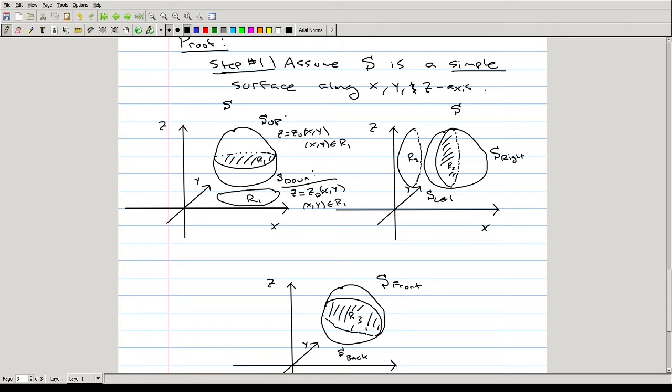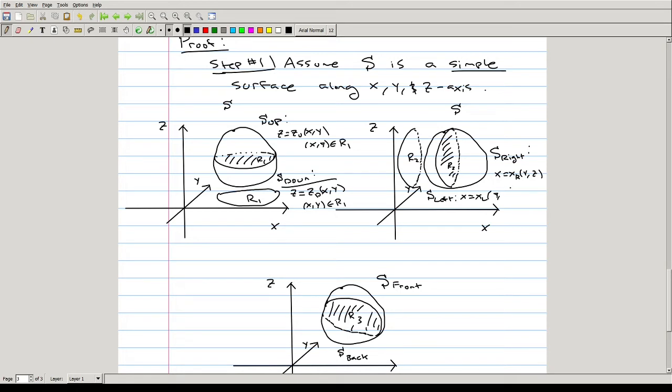So we could also parameterize the boundary as S right, where S right is giving us x equal to a function xR of y and z, and likewise S left, the left side of the closed surface S, can be described as a function x equal to xL of y and z.